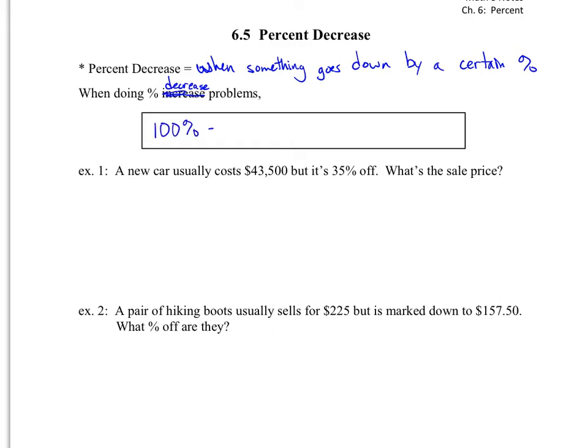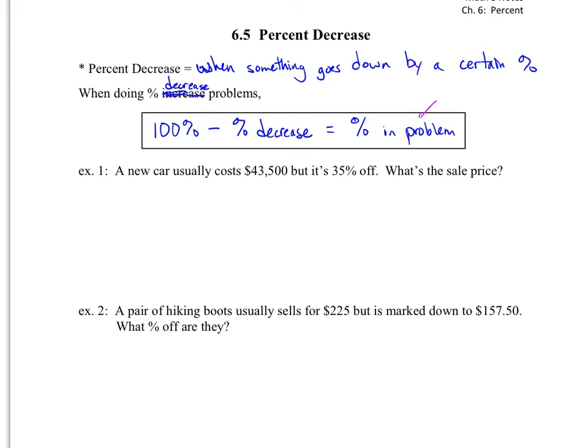You are going to subtract the percent decrease, which is going to equal the percent in the problem. And by percent in the problem, I mean the one you're going to use.